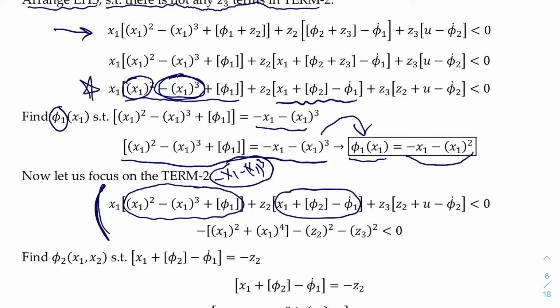And if we can make this expression minus z2 and this expression minus z3, it would be great. Can we do that? Yes, we can, because phi 1 is something that we choose, right? Phi 2 as well, right? And then we will find u. The control law is a function of x1, z2 and z3, and then we will resubstitute.